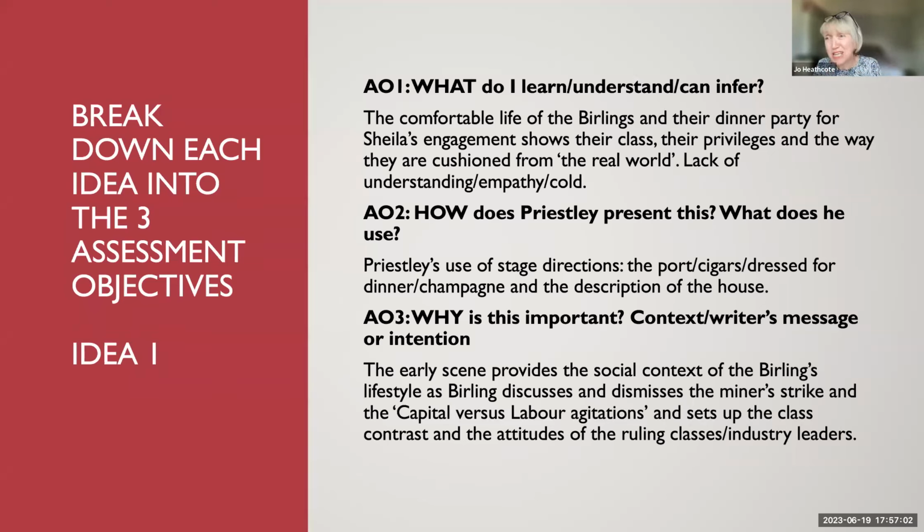All of their privileges laid bare. The fact of how they're cushioned from the real world. They're talking about the strikes, aren't they, and being very rude about their employees and how they've got no intention of paying them anymore. And we've also got that very interesting dynamic in the family, very cold, lacking in empathy. So lots of things we could draw out and show our understanding there.